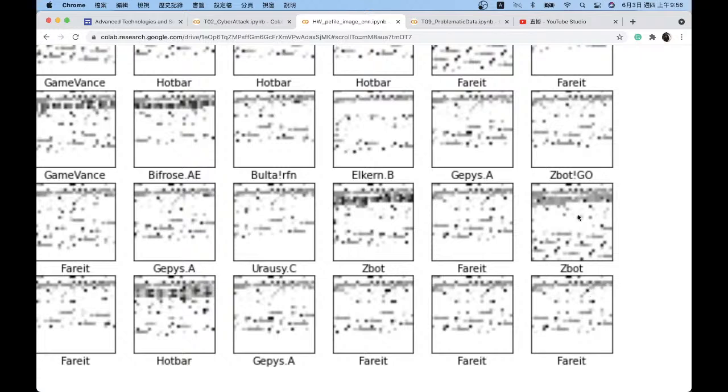Let's go back to here. Compared to Zbot, there are still some dots right here, but you can see that the first dot is a little bit far away from the second dot, while in Zbot this dot right here is a bit closer, right?